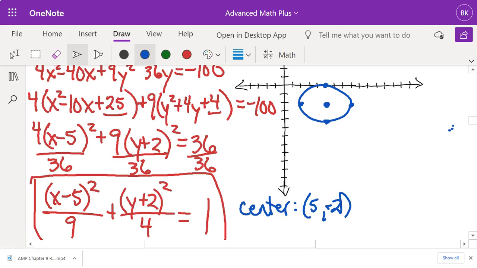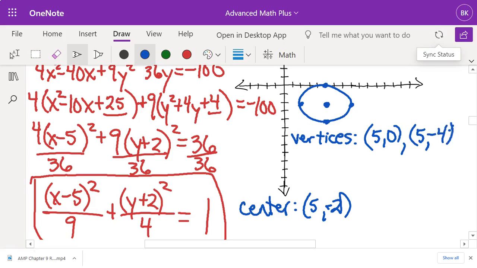Now I just need to label my vertices. The top point is 5, 0. The bottom point is 5, -4. The left point is 2, -2, and the right point is 8, -2.